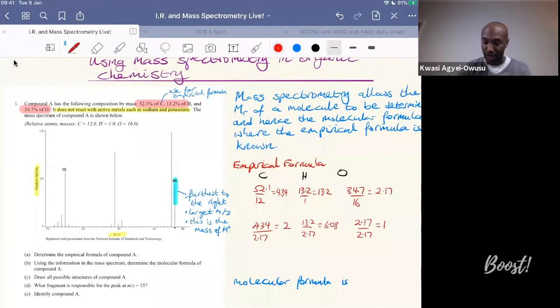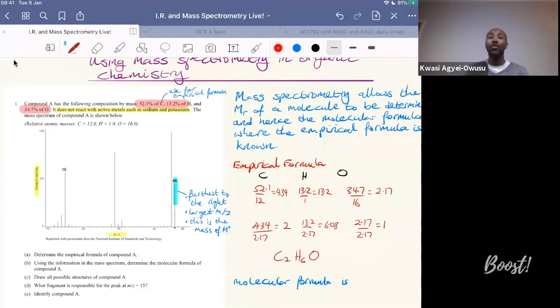And if we double check the number of moles of hydrogen, we've got 13.2 divided by 2.17, and yeah, that gives us 6.08. So our empirical formula is effectively C2H6O.